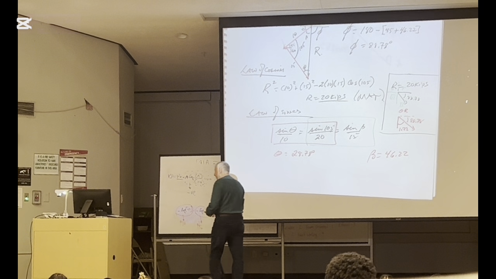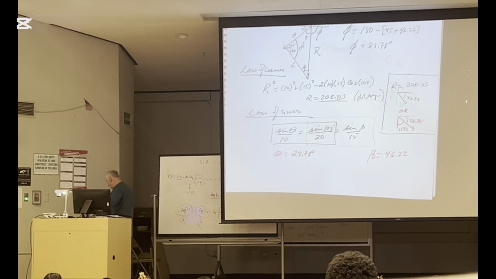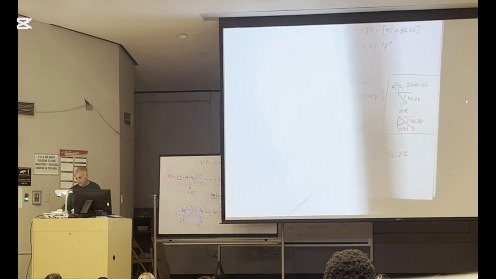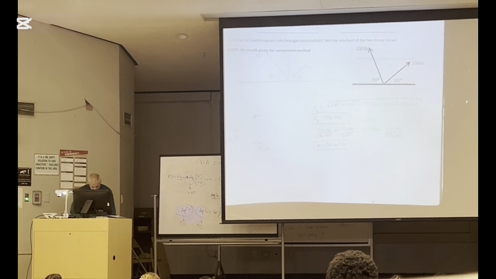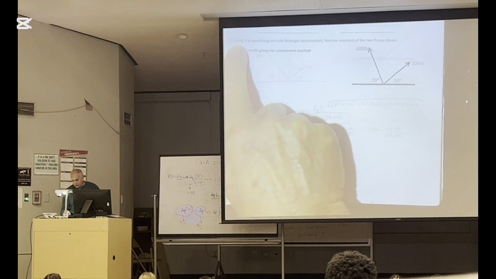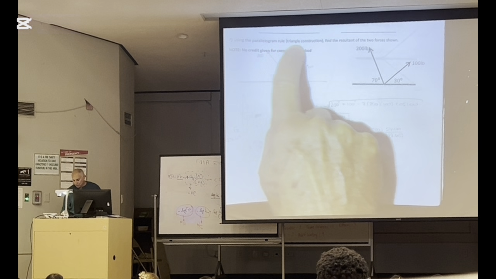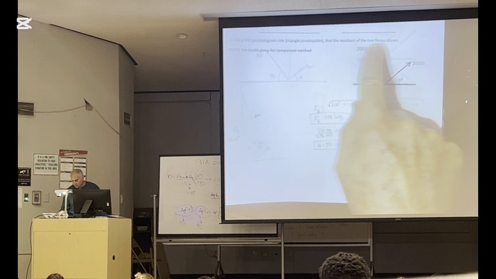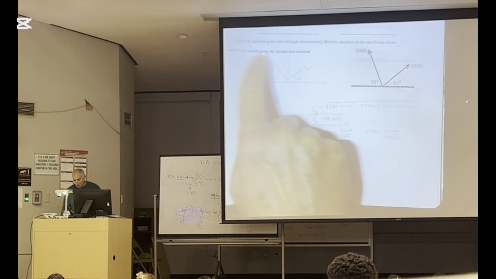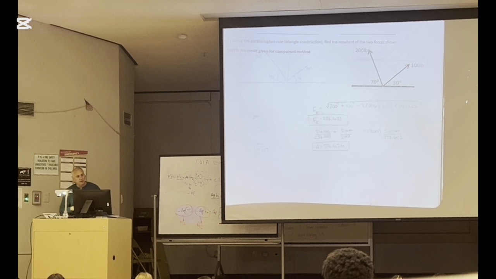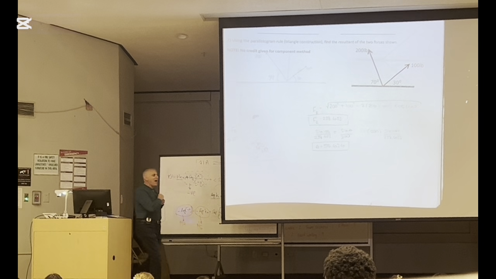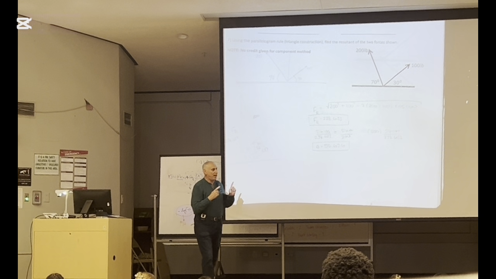Any questions? Now, please note, next week's quiz. Notice what it says: using the parallelogram rule of triangle construction, find the resultant of these two forces. No credit given for component method. It's going to read identical to that.